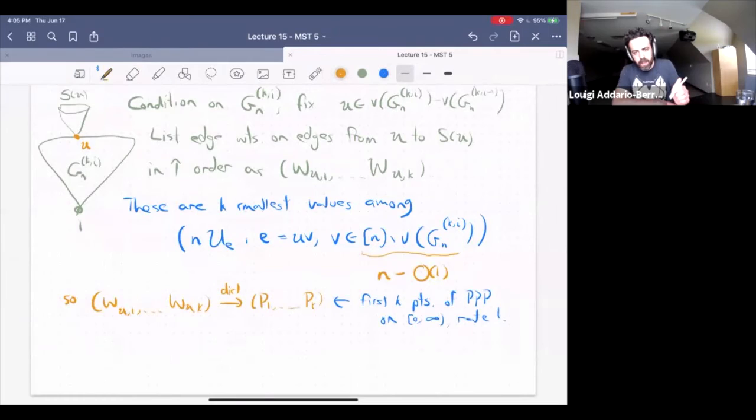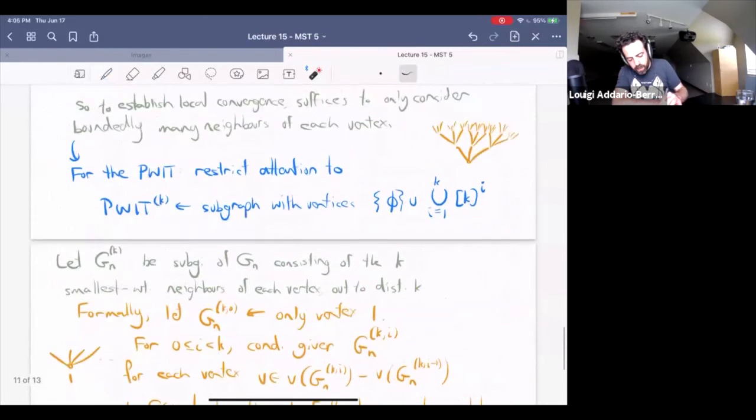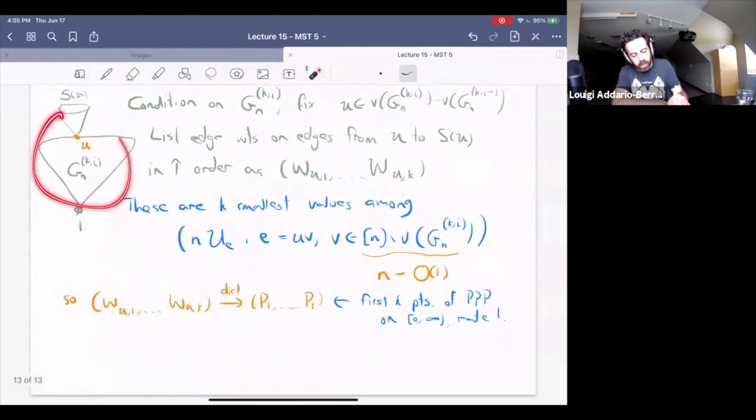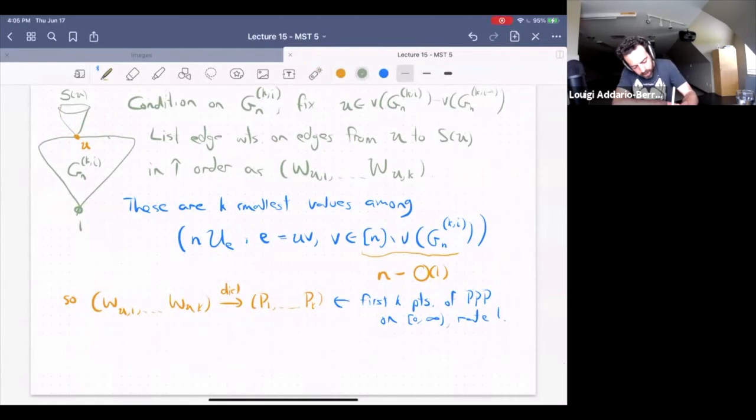And that's good news, because that's the asymptotic picture that we have in the Poisson weighted infinite tree. At each generation, the first k children look like the first k points of a Poisson process. Now all that we need to say that the asymptotic picture in the complete graph is the same as in the PWIT is to say that if we look at the neighborhood S_u and the neighborhood of another point S_u', with high probability they don't overlap.